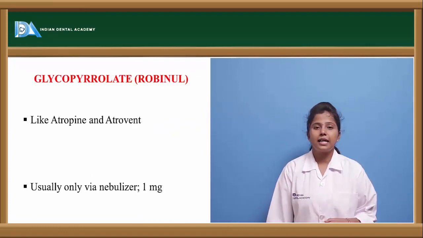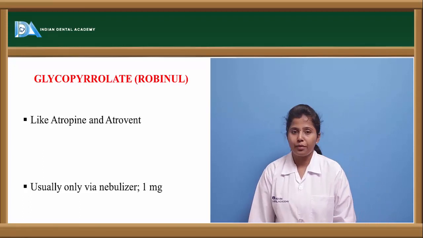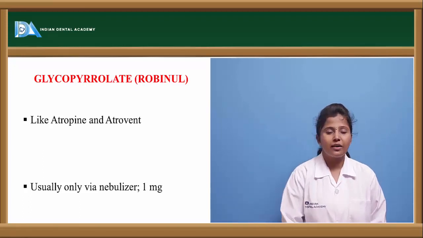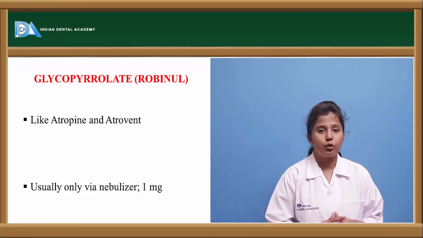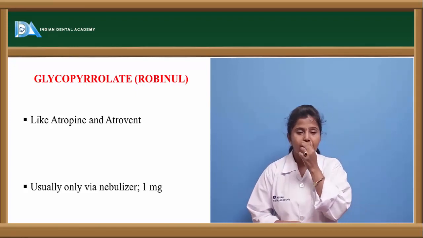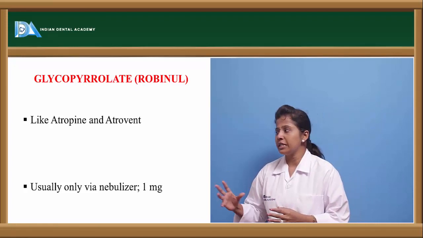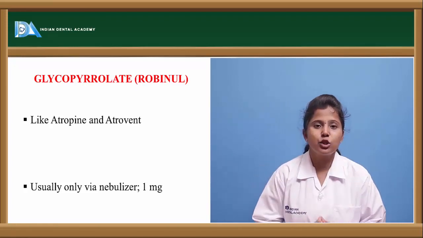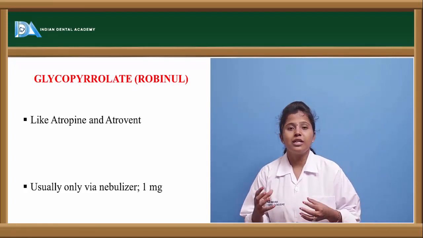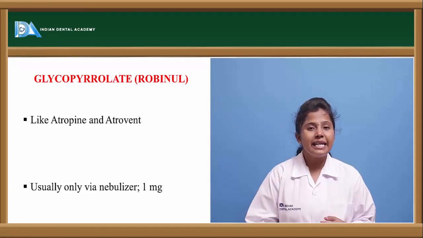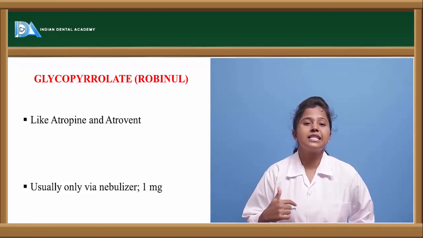The other drug is glycopyrrolate, which is marketed as Robinul. This drug has pharmacological action similar to atropine as well as Atrovent. But the peculiar feature of glycopyrrolate is that it shows an antacid effect. It is an anticholinergic drug which is used as an antacid.